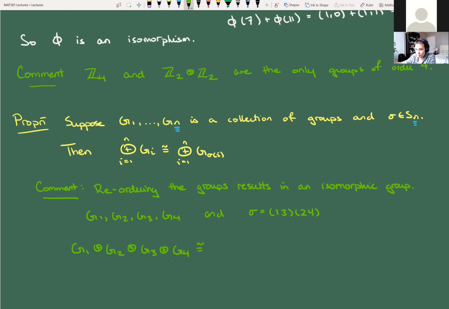I'm going to include this intermediate step just to spell out what's happening here. So G sigma 1, G sigma 2, G sigma 3, G sigma 4, like that.